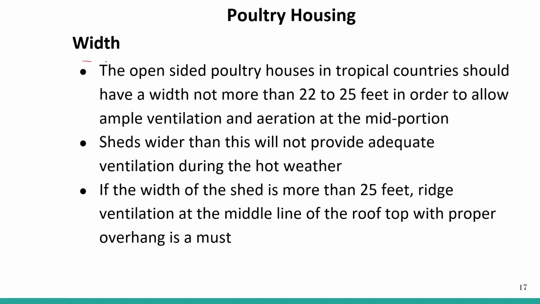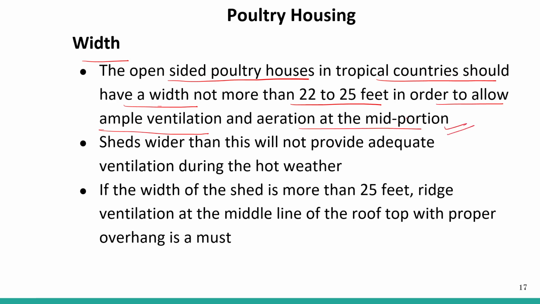Width. The open-sided poultry house in tropical countries should have a width of not more than 22 to 25 feet in order to allow ample ventilation and aeration at the mid portion. This is very important.